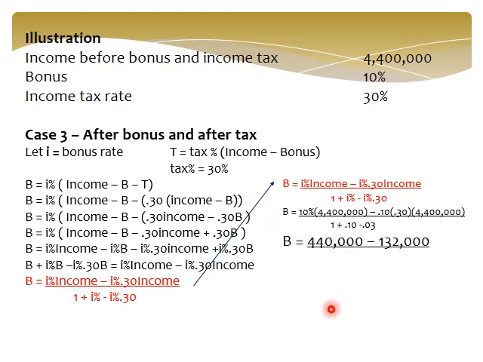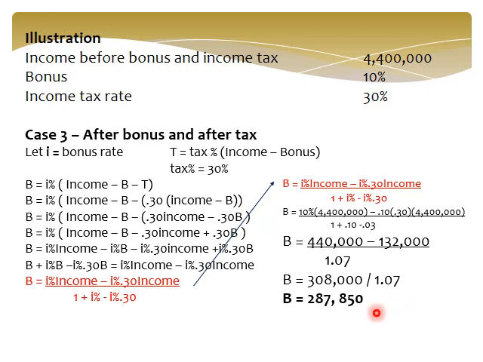So equals 440,000 minus 132,000 divided by 1.07. So the bonus is 308,000 divided by 1.07. So the bonus is 287,850.